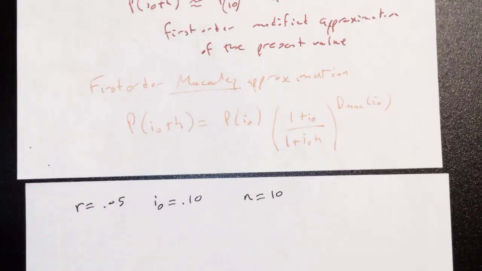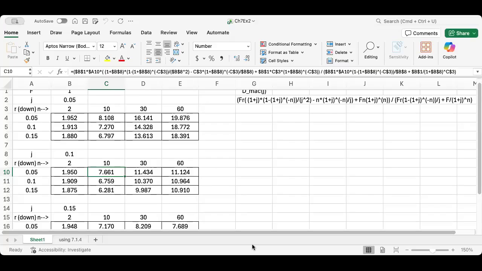So the interest rate is 10%, the coupon rate is 5%, and I'm using 10 coupons. R is 0.05, J is 0.1, that's this one right here. $7.661. So that's my duration for this bond.